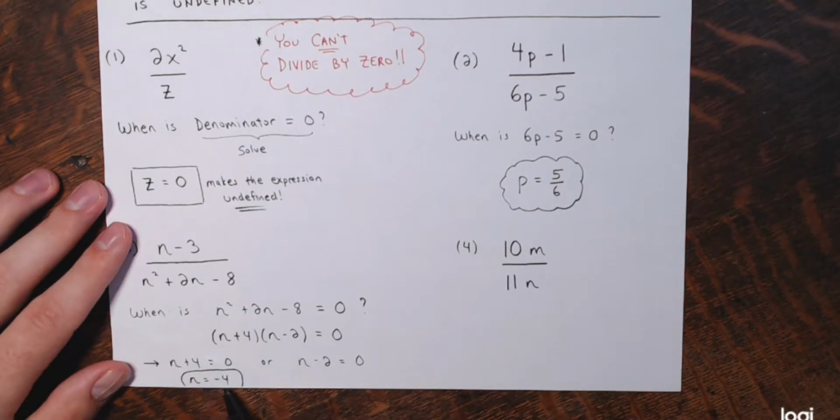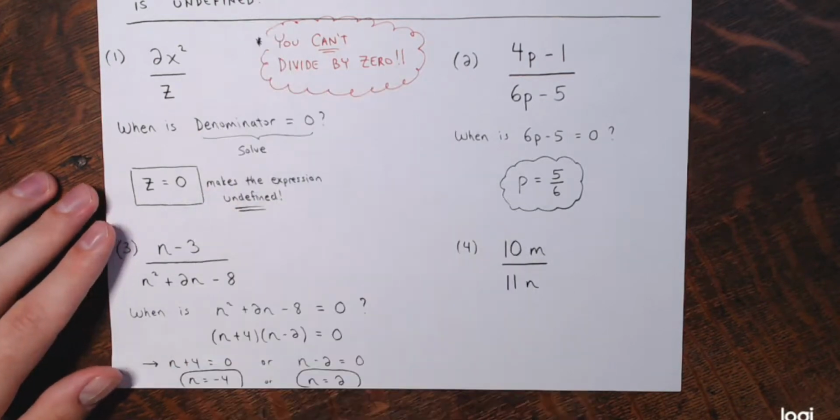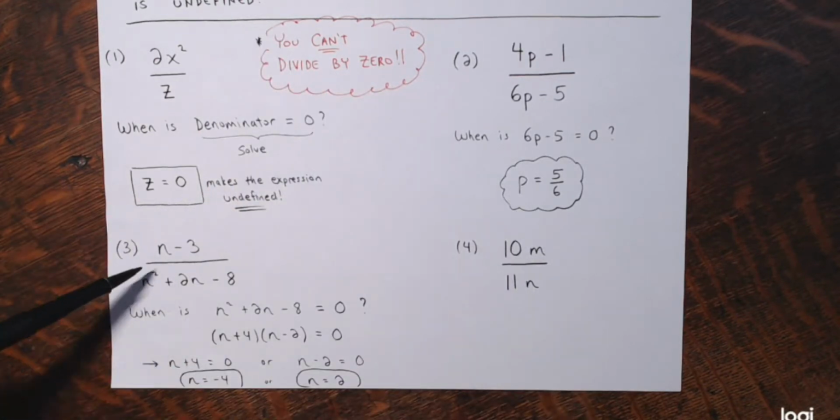N equals negative 4, or n equals positive 2. I'll circle that as well. Both of these values are what they're asking me for. Alright, so this expression, this fraction, I could plug in a value for n that's any number I want, except negative 4 or 2.